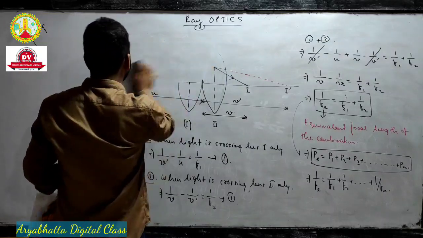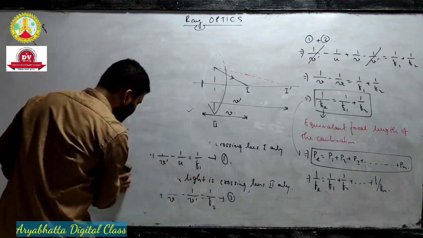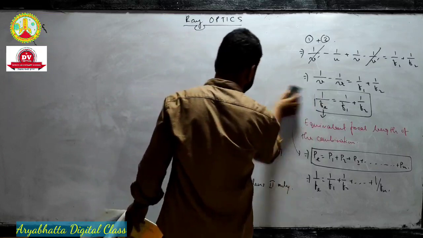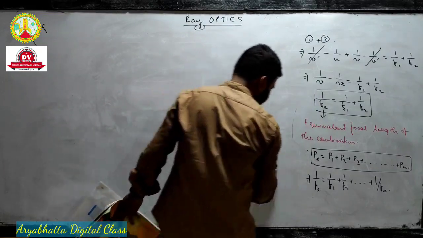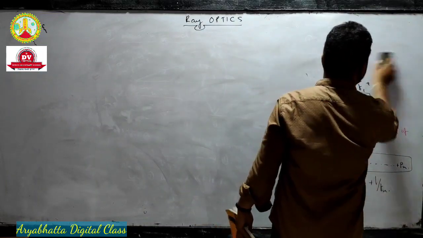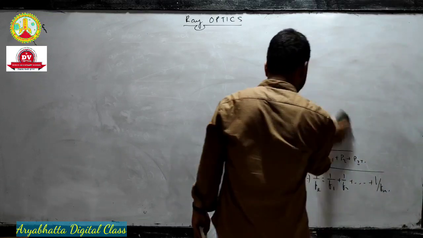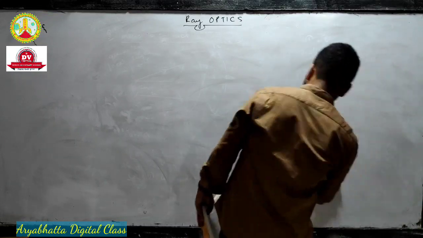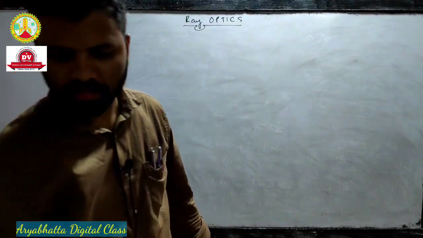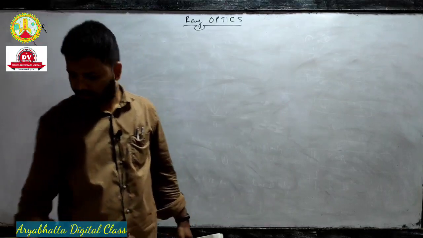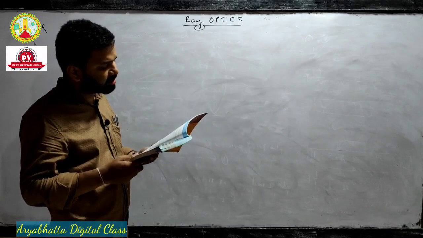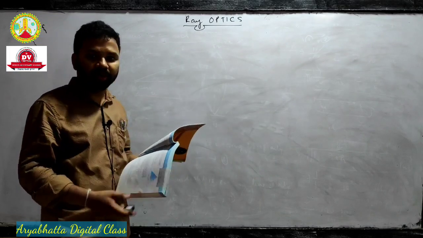I think this numerical has come once or twice. So example 9.9, important. Okay, so what is the question? Find the position of the image formed by the lens combination as shown in the figure.